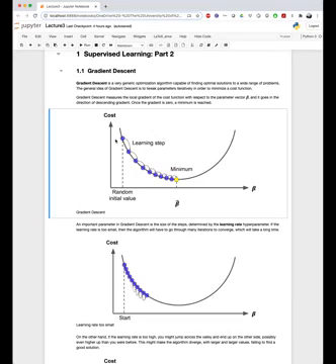The idea here is we have a cost function, like the RSS, the residual sum of squares, for linear regression. The parameter that we want to solve for, or the minimizer we want to get, is beta.